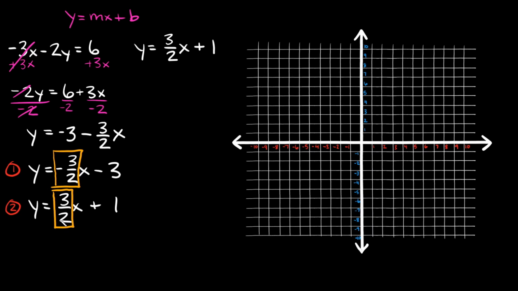So they are not the exact same slope. They are different. Since they don't have the exact same slope, that means these 2 lines, these 2 equations, are not parallel. And just to remind you, the other thing that we would have had to look for is that they have different y-intercepts. This one's at negative 3, this one's at positive 1, so that checks out. Those are fine. But again, the slopes are not the exact same, so these are not parallel.